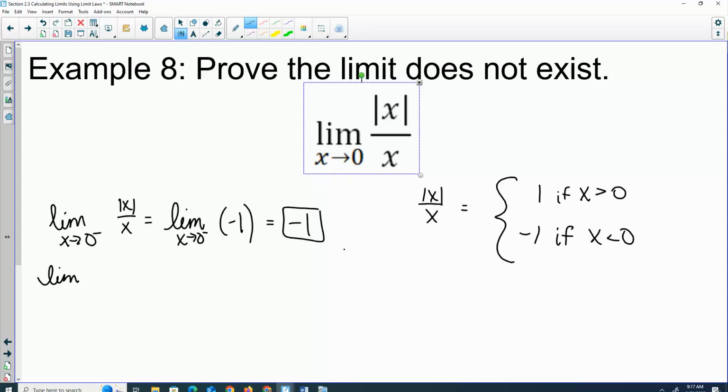As we approach 0 from the right, positive numbers, so I'm getting out 1. So the limit as x approaches 0 of 1 is 1.